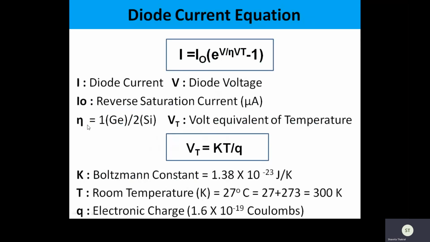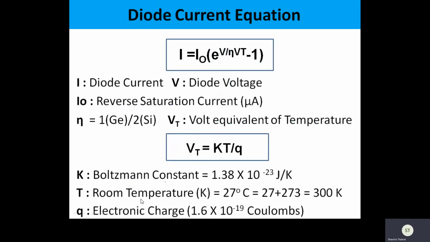Eta is a constant, and that is taken as 1 for germanium and 2 for silicon, and Vt is the volt equivalent of temperature, where the formula for Vt is equal to kT divided by q. What is k here? k is the Boltzmann constant. The value of the Boltzmann constant is 1.38 into 10 raised to power minus 23 joule per Kelvin. What is T here?